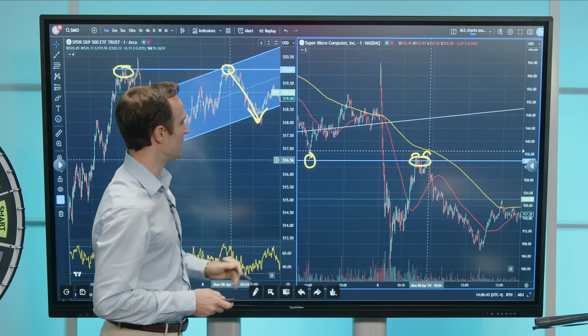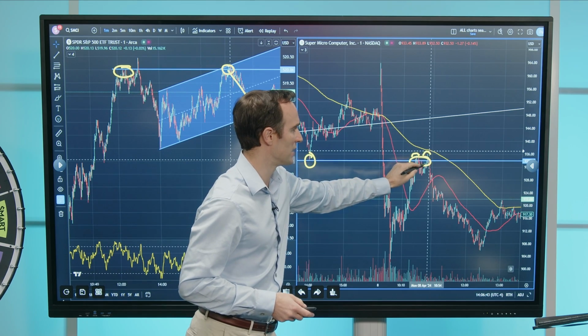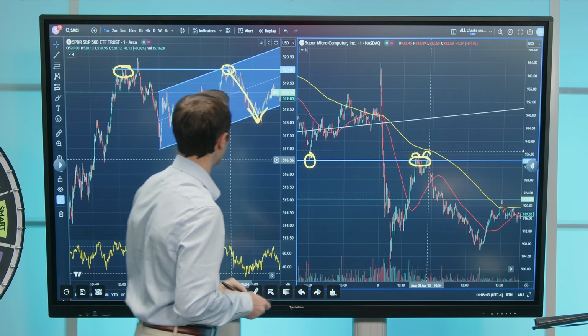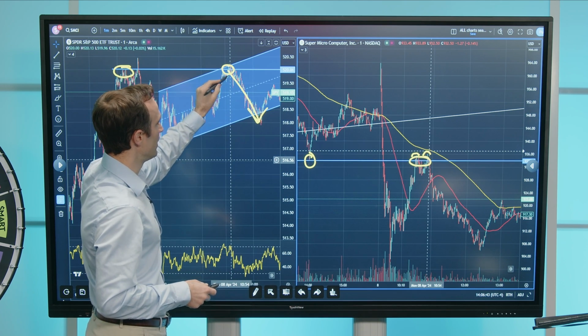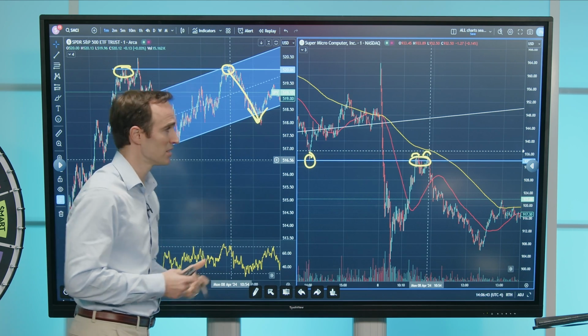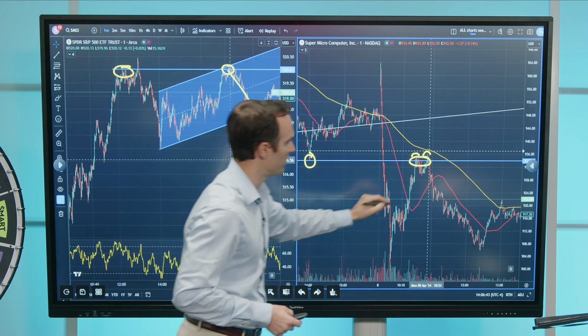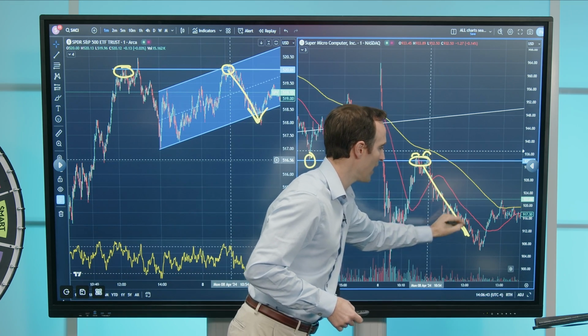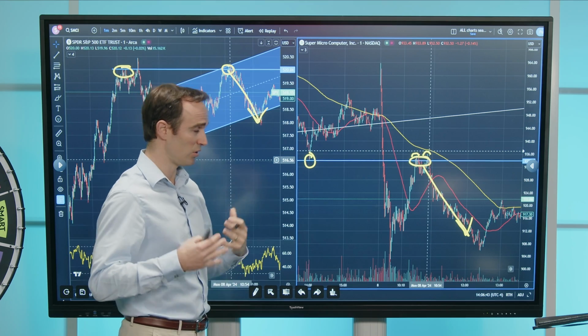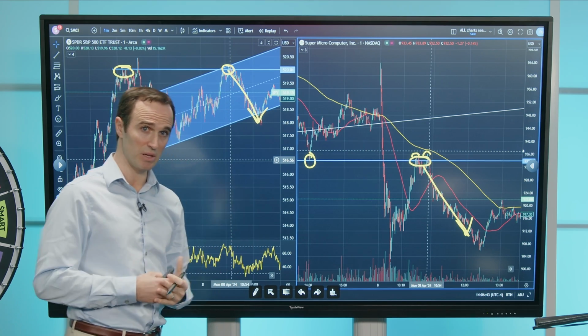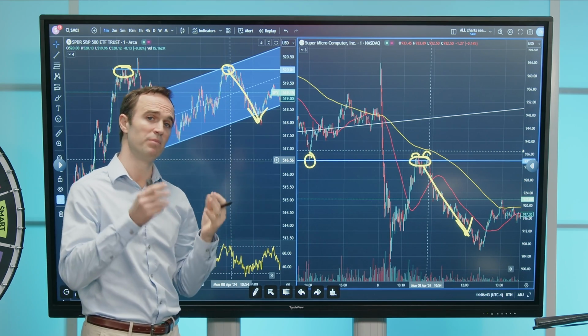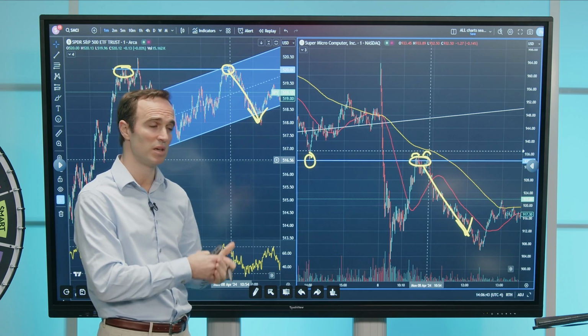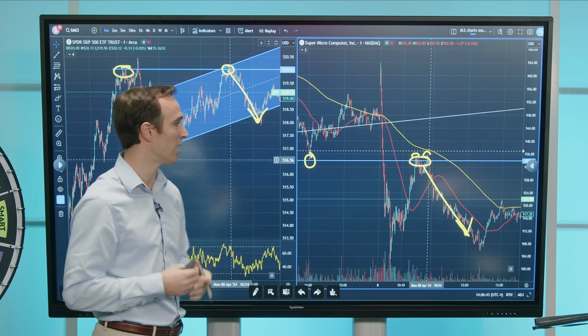So what I did here is I shorted SMCI somewhere in this area, at the same time that the S&P was at resistance. And look at what happened. Both of them fell. That has really increased my trading and investing abilities, by being able to time the S&P with my entries on equities.